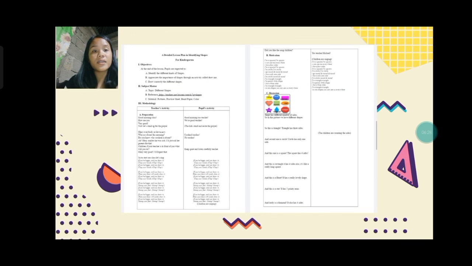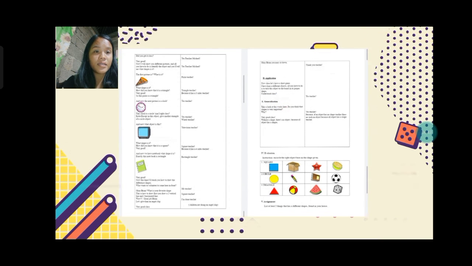This is a detailed lesson plan in mathematics, in identifying shapes for kindergarten. Pwede na rin siya sa grade 1. This lesson plan can help us to understand more about informal activities. Through this, we can identify how they implement it to the students for them to learn about the lesson.